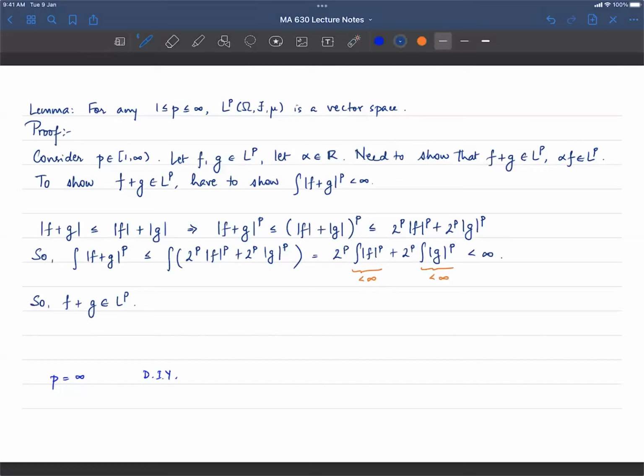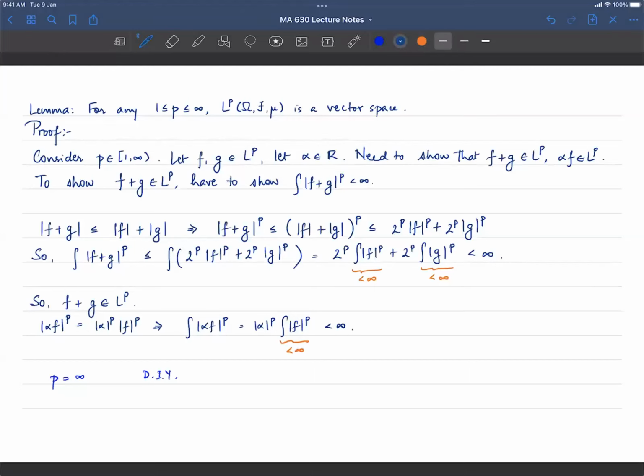If I take |alpha f|^p, that is just going to be |alpha|^p |f|^p. So now if I take the integral of the absolute value of alpha f to the p, this is going to be |alpha|^p times the integral of |f|^p. Now remember f is in L^p, so this integral is finite, and so this is finite.